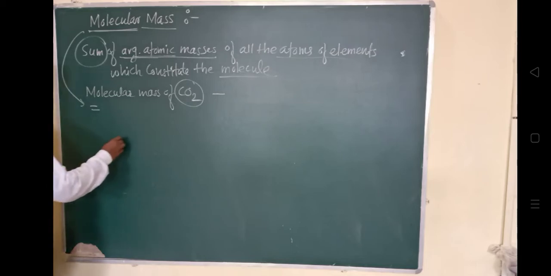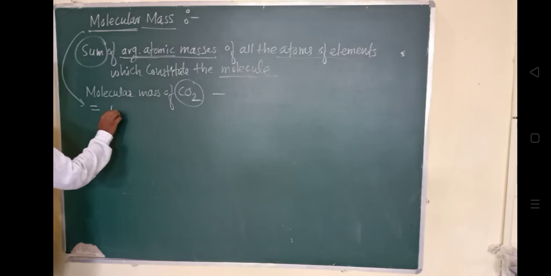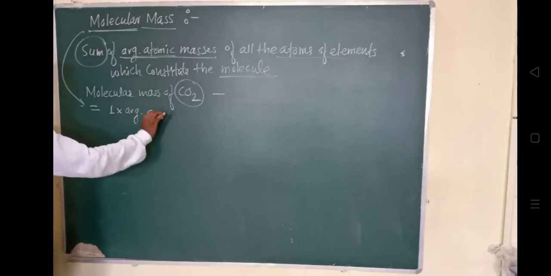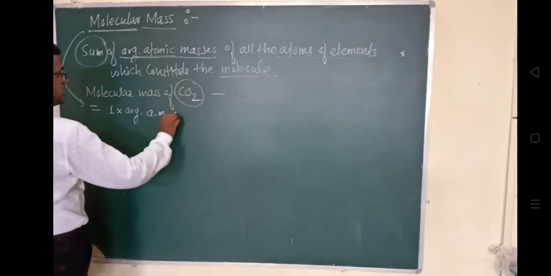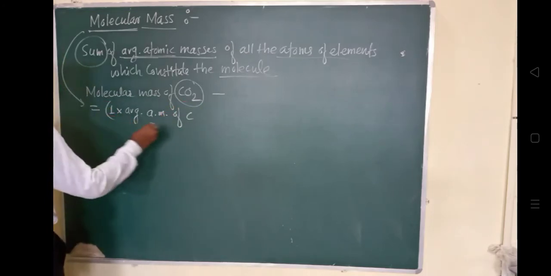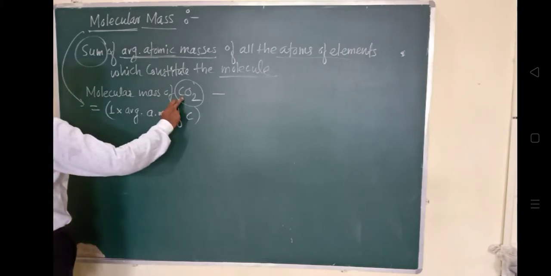It can be calculated like this. For carbon, how many atoms are there? One atom. So we write 1 multiplied by the average atomic mass of carbon. I will write am in short form for atomic mass. Why this 1? Because here the carbon atom is 1.